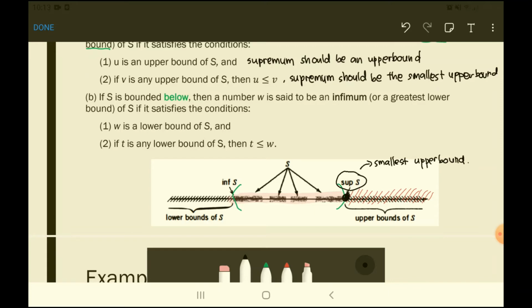But the most important thing is that the supremum should be an upper bound, and it should be the smallest of all upper bounds. So what matters are only those two statements. It doesn't matter whether the supremum is inside or outside the set.